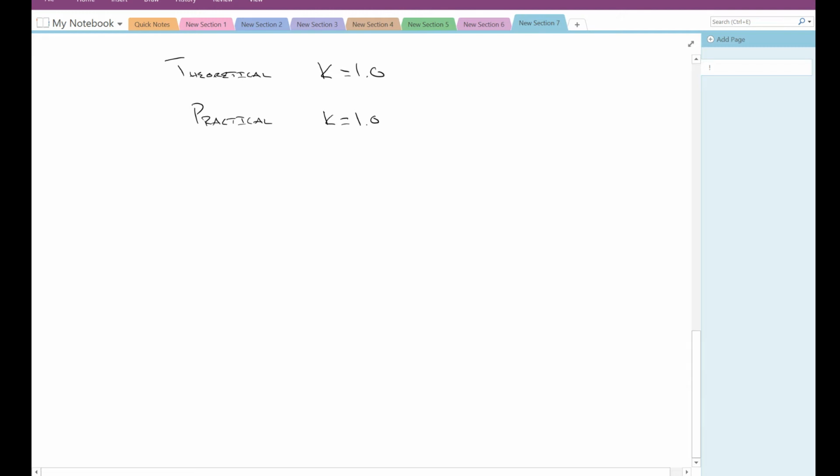So let's look at perhaps a column where it's fixed at both ends. So it's not free to rotate and it's not free to translate at either end. So this is a fixed condition. Right?